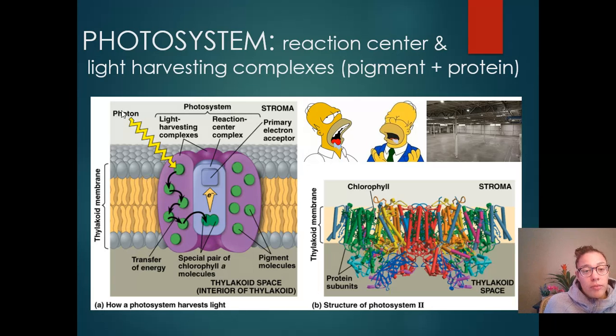Because it's a photosystem, right? A light system. Light or photons are going to enter in and be absorbed by those plant pigment molecules. Again, as we're looking at this, we're talking about the thylakoids and the membrane of the thylakoid. So that's what this location is.